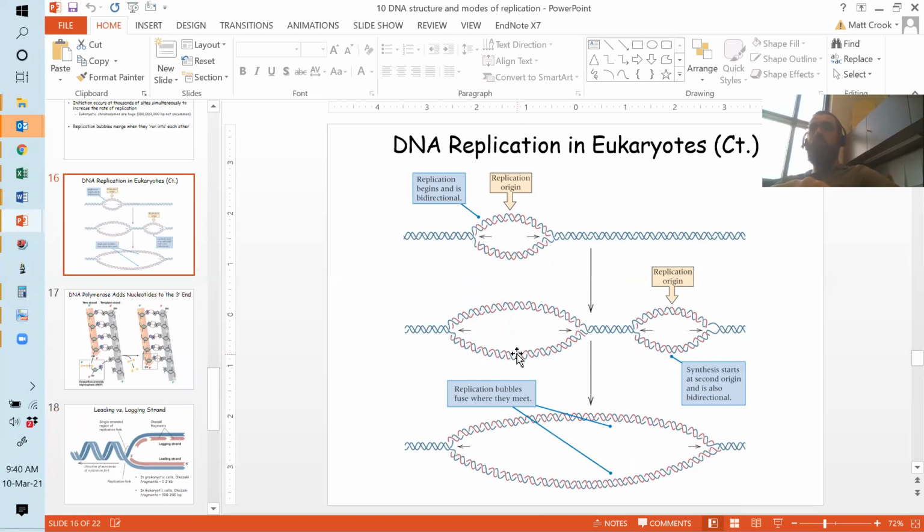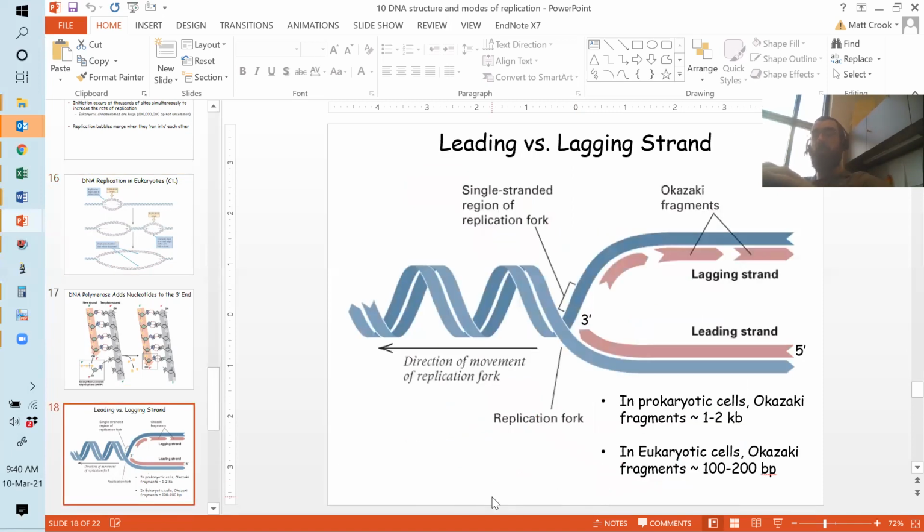And so all you need to do is fix the gap where different forks meet, when those leading strands butt into something that's already been done. With the lagging strand, you have hundreds of those fragments that you have to fix, because they're really pretty small. Even in bacteria, they're in the thousands of base range. In eukaryotic cells, they can be in the 100 to 200 base pair range.